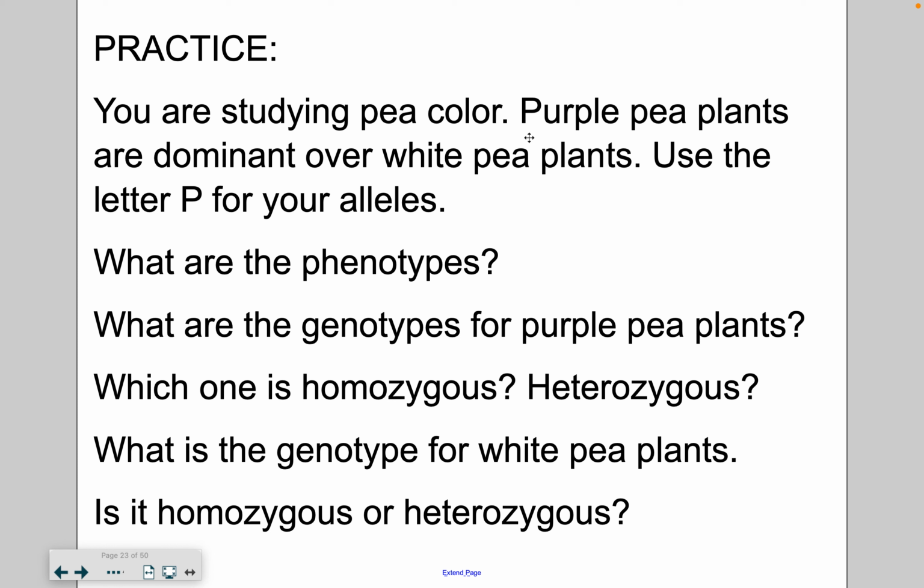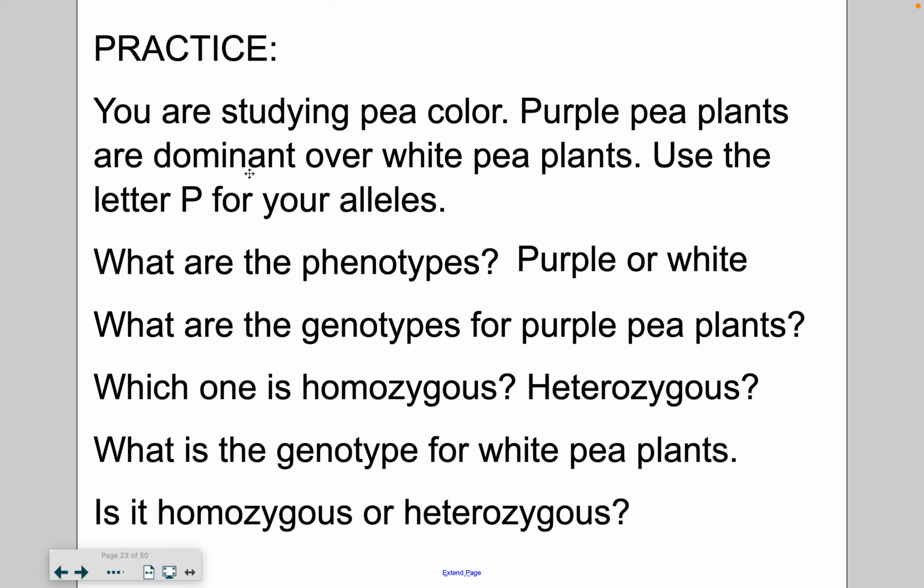You are studying pea color. Purple pea plants are dominant over white pea plants. Use the letter P for your alleles. What are the phenotypes? Phenotypes means what can you physically see? Well, we can see if they are purple or white. What are the genotypes for purple pea plants?